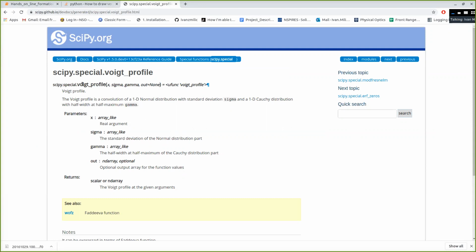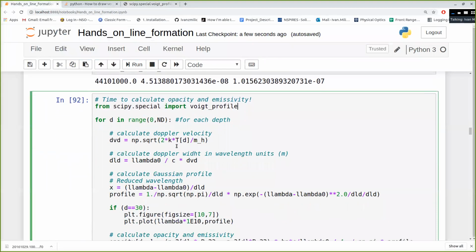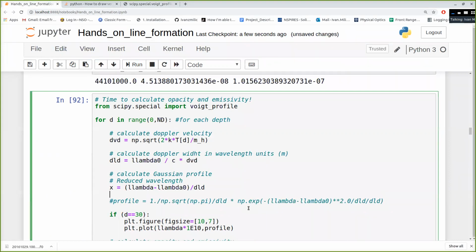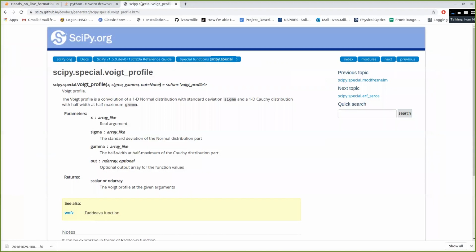So I'm gonna use something like this. Let's say profile is Voigt profile, and then the arguments are x, sigma, and gamma.